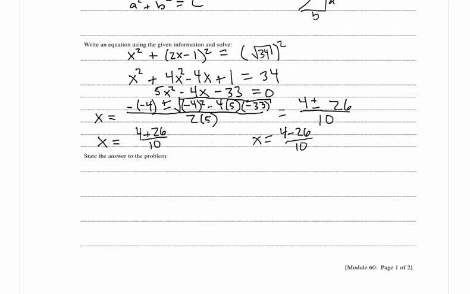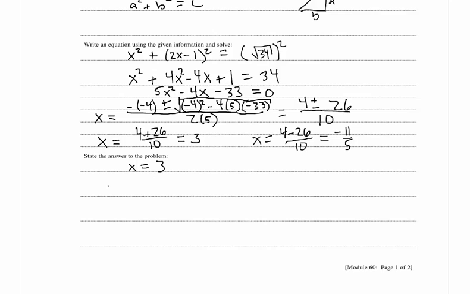And 4 plus 26 is 30, divided by 10 is equal to 3. And 4 minus 26 is negative 22, divided by 10, which could be reduced to negative 11 over 5. And we're not worried about the negative answer, because you can't have a negative length of a side of a triangle. So x is going to be equal to 3.